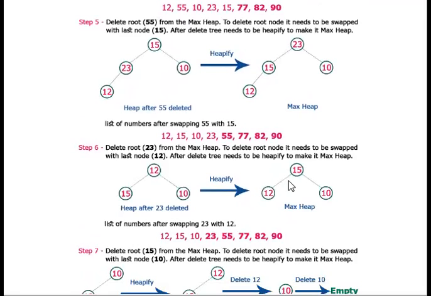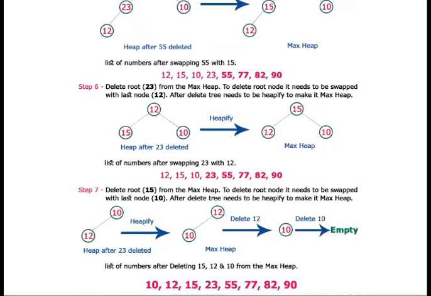Then 15 comes under the root node. Then this also can be deleted and added to the array element, and 10 will come to the root node.